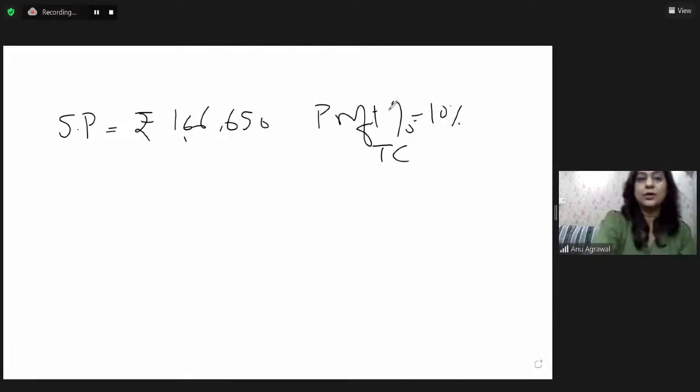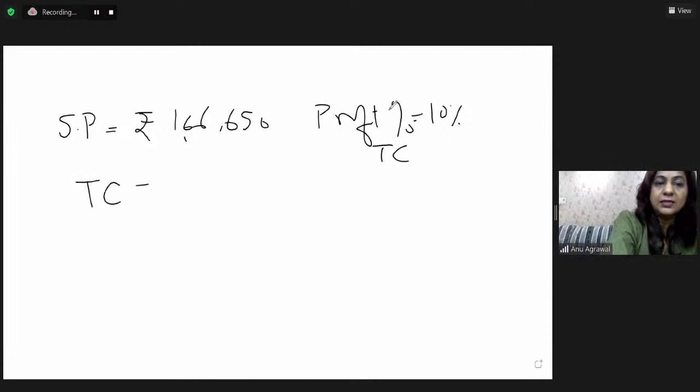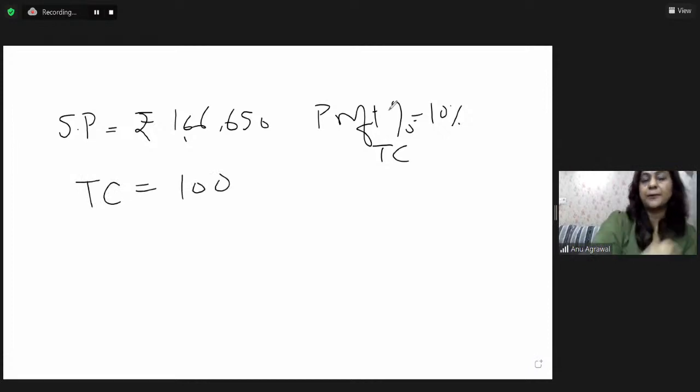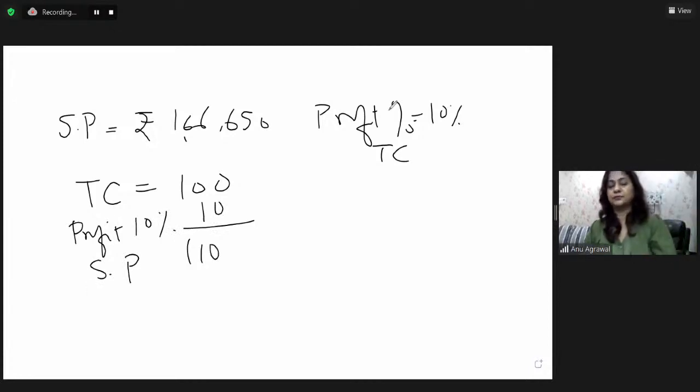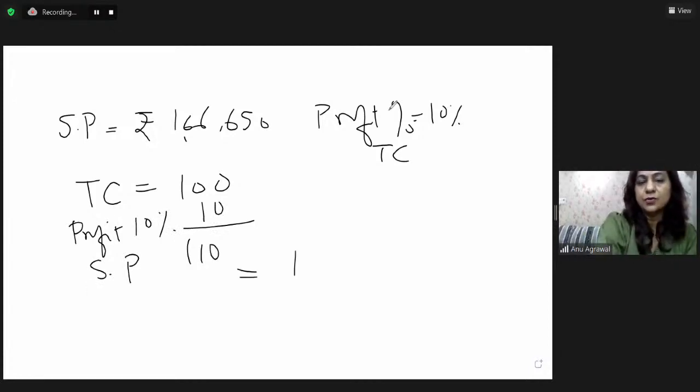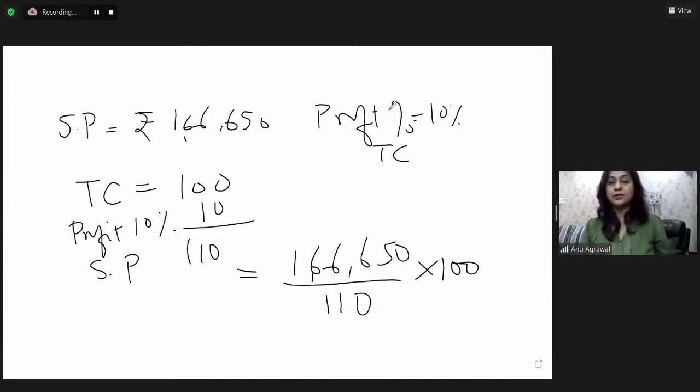If it is given on total cost, then you say, let us assume the total cost is 100. Then profit of 10% on it means selling price would be 110. Now can I solve this? 166,650 divided by 110 into 100. I'll get the cost.